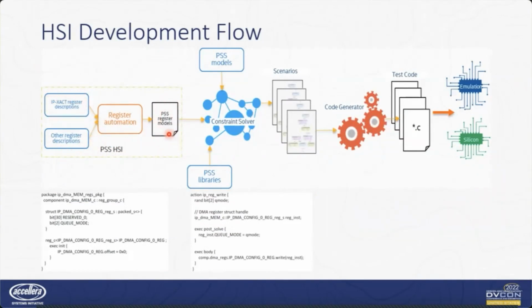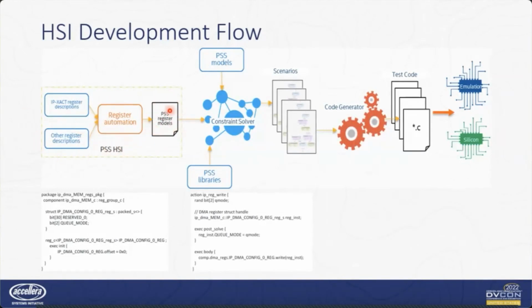A lot of EDA tools now have out of the box flows where they convert IP-XACT into PSS register models. At Intel, we have a custom XML format for register description. So we had to develop our own register automation scripts which took this XML and converted it into PSS register models.